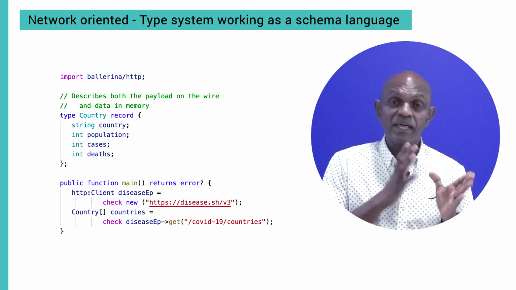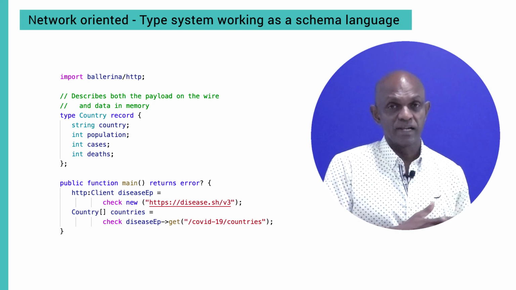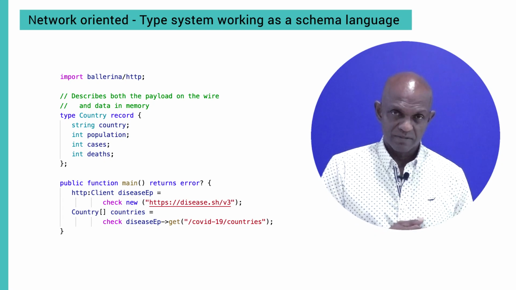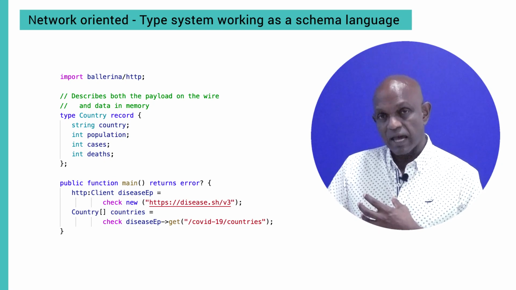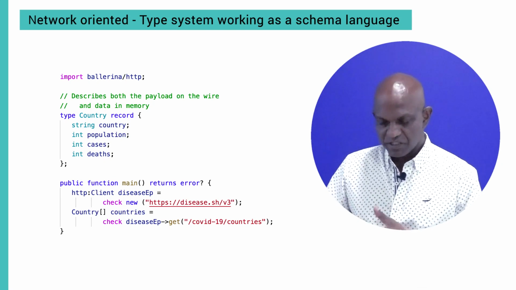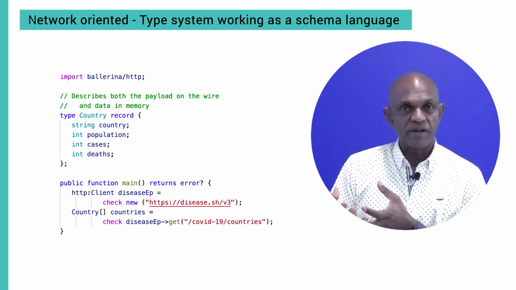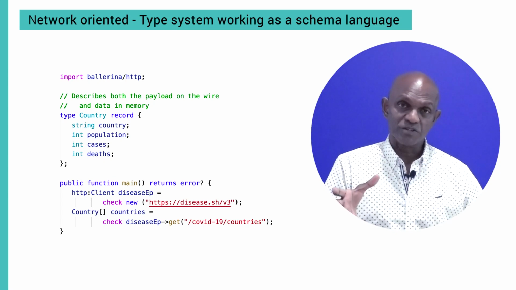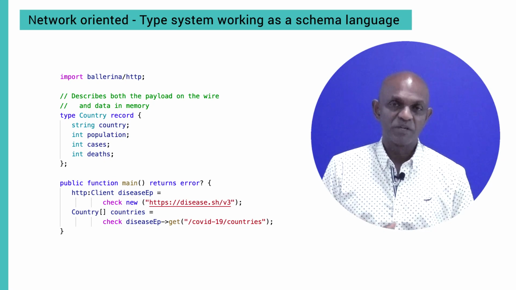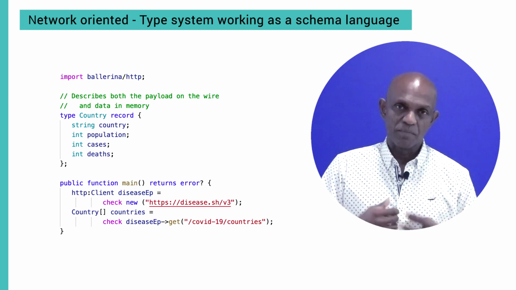We effectively eliminate the data binding concept for well-known data formats and network data structures. The schema that I write, the type that I write, plays two roles. It describes the shape of values in memory, and also describes how it shows up on the wire. It's the same structure, so I don't have a mismatch between the two representations.